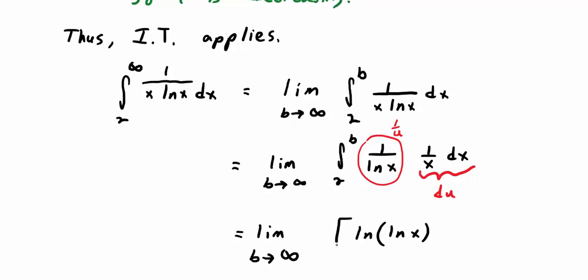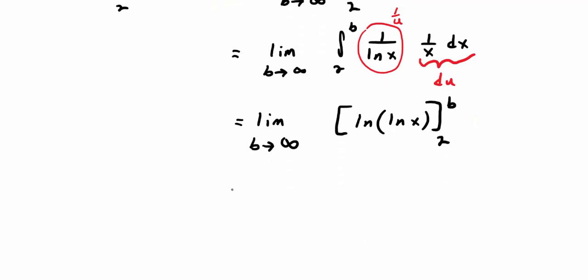Put in the evaluation brackets. And we go from 2 to b. Does that look right to you? Limit as b goes to infinity of the natural log of the natural log of x evaluated from 2 to b. Yeah? OK, so now do the evaluation before you take the limit.